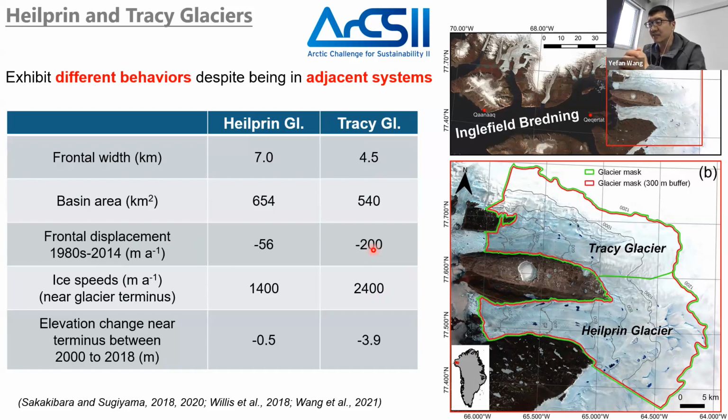So these two glaciers look very different. I think if we look at the superglacial lakes there, it may be an interesting piece of work. So I chose these two glaciers.